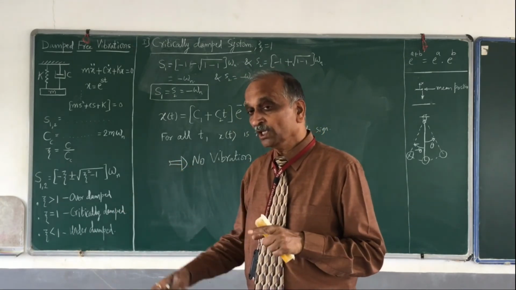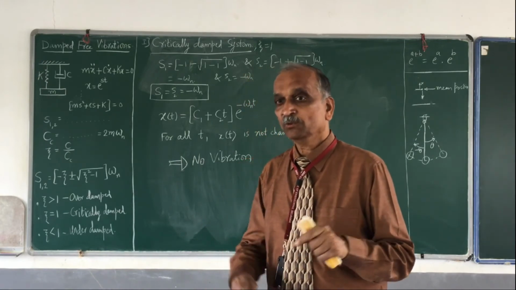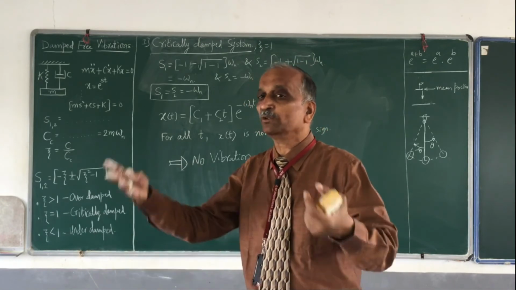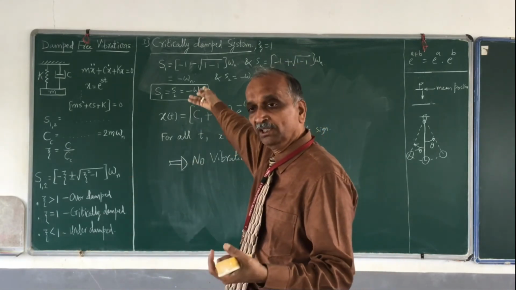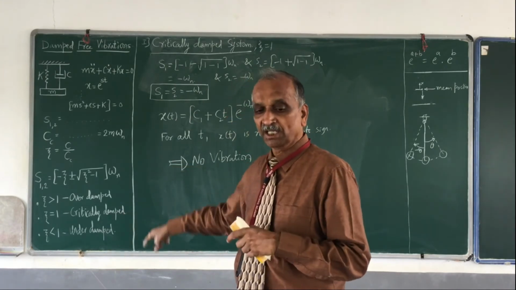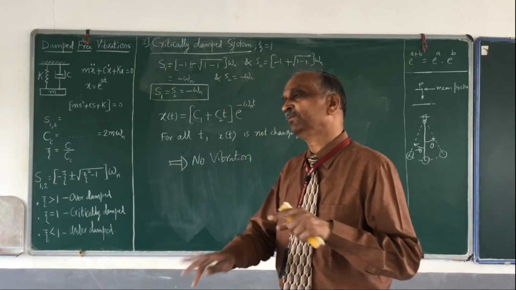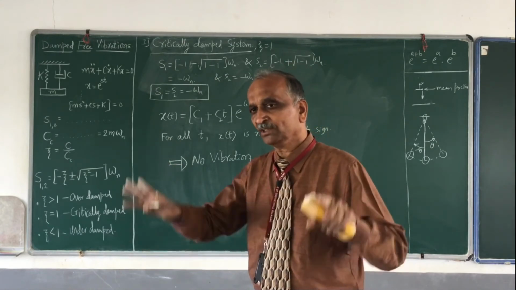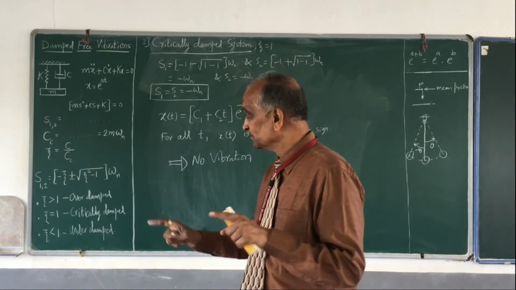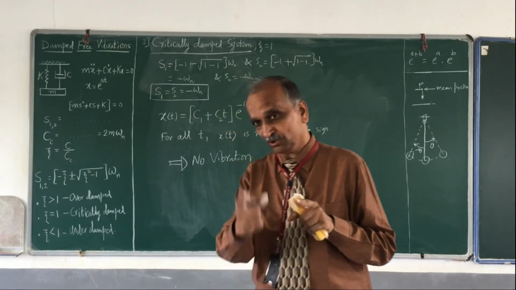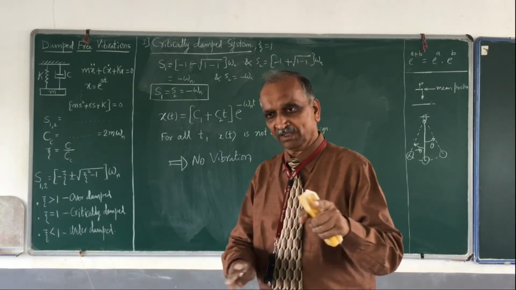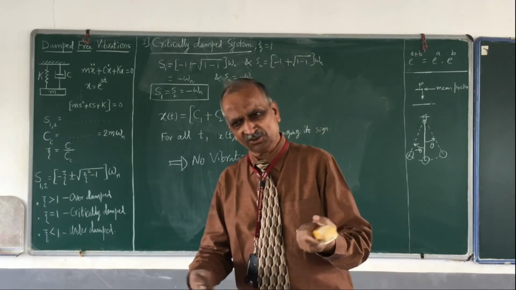I told under what circumstances we are going to have vibrations, and under what circumstances we are not going to have vibrations. That's what we have studied in the two cases. So in the third case, when I take the underdamped system, definitely the vibrations are going to take place. So in the underdamped system, we are going to have vibrations, and that case I shall discuss in the next class or next session.